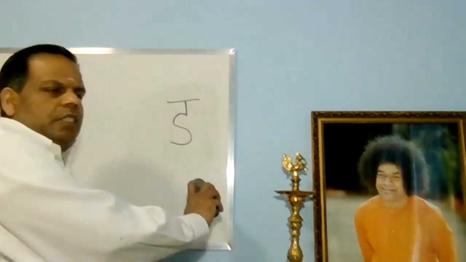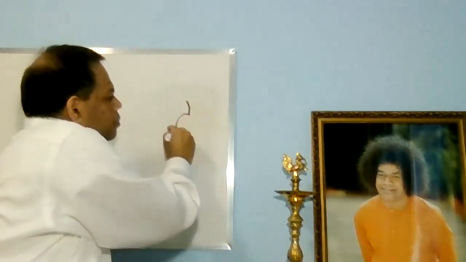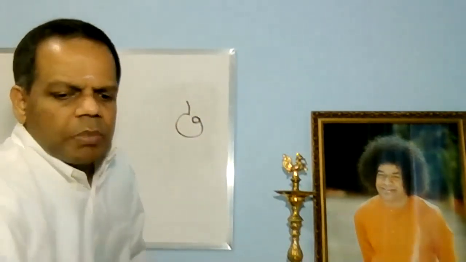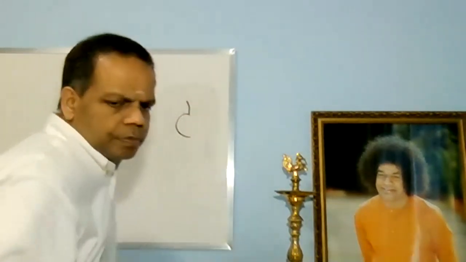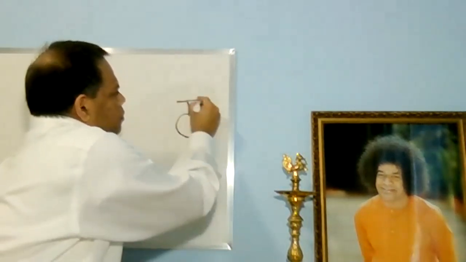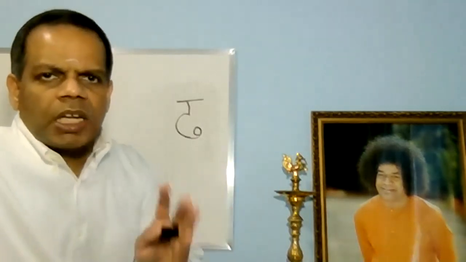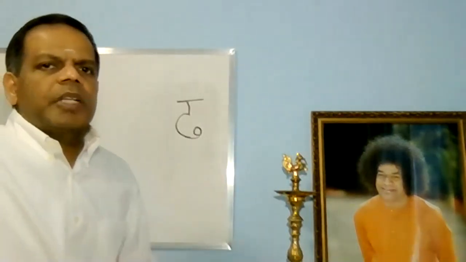I'm just going to erase this. The last one is dha. It is more or less like this, only there's a circle at the side. As you can see, the first, second and fourth ones look very, very similar.